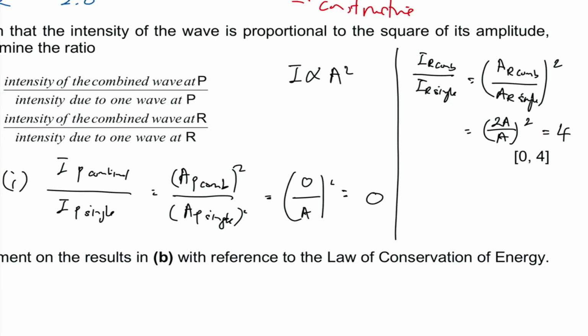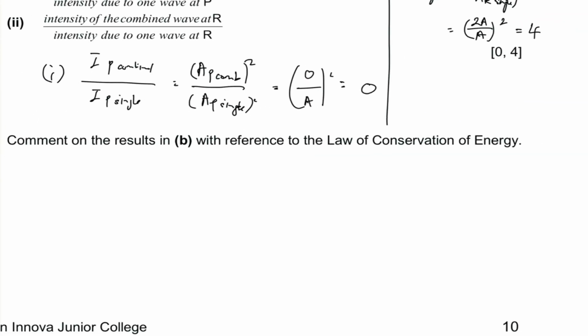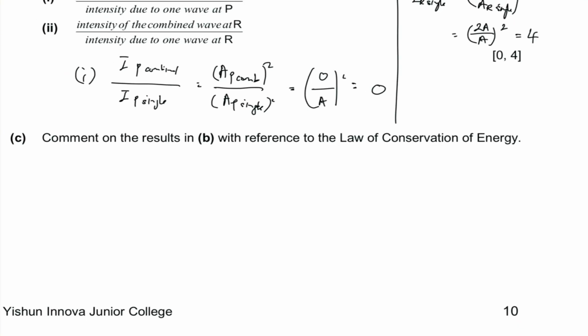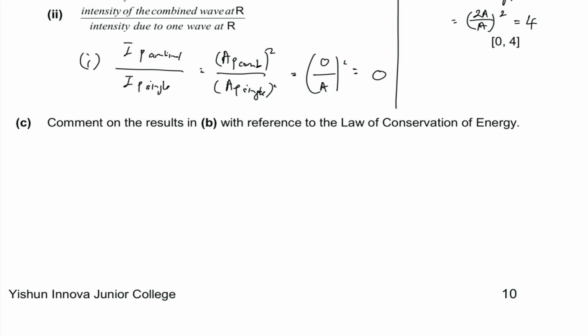Next, let's look at conservation of energy. Compare the answers in B with reference to the law of conservation of energy. Conservation of energy applies across physics, so even here you cannot have more energy than what you have at the start. Your energy depends on your intensity here. Let's mark out these two points.